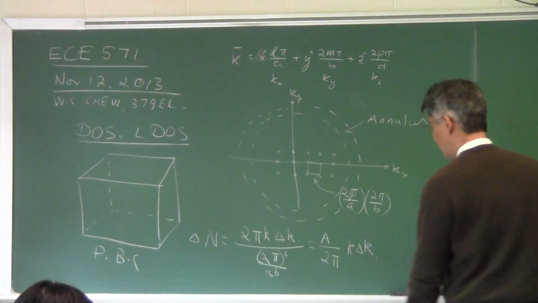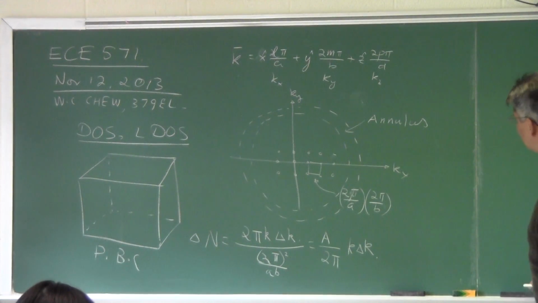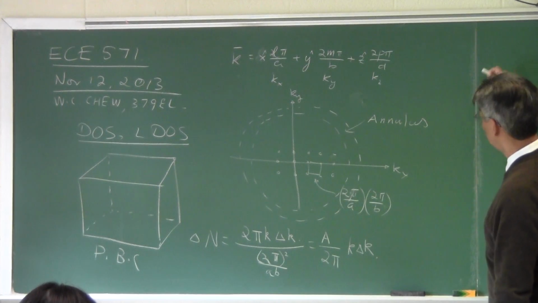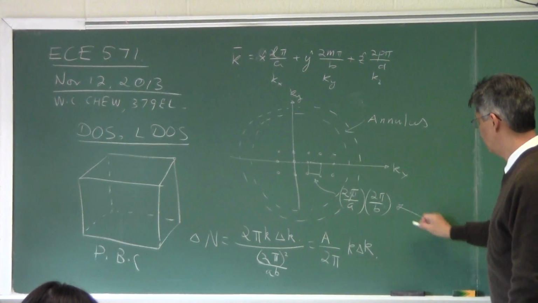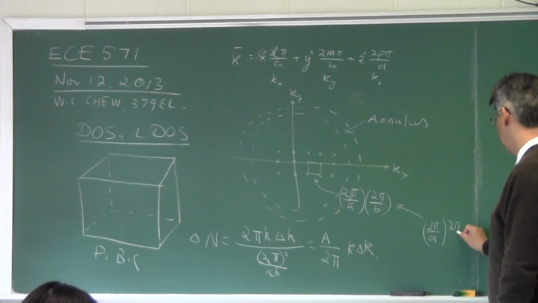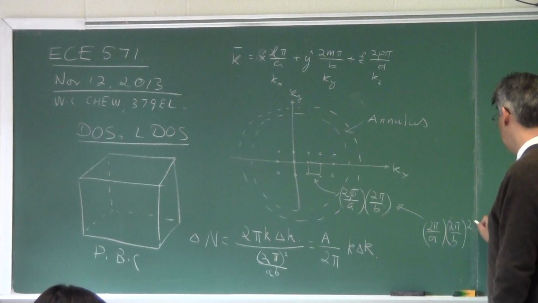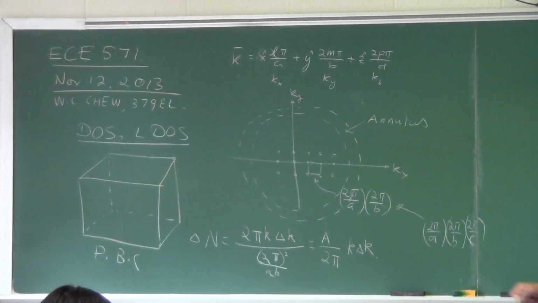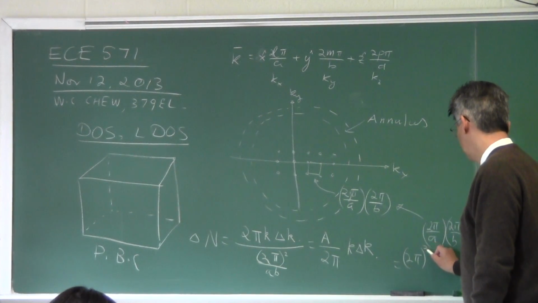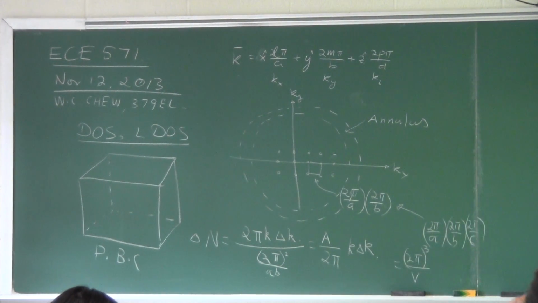In 3D, the formula is very similar, except that this thing becomes 2 pi over A times 2 pi over B times 2 pi over C, which becomes 2 pi cubed over V. So that is the little volume.